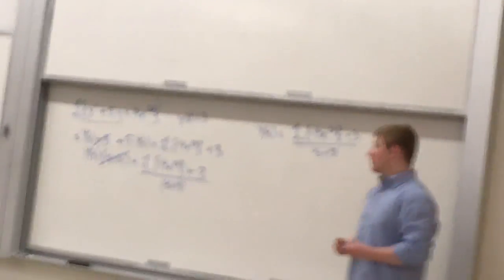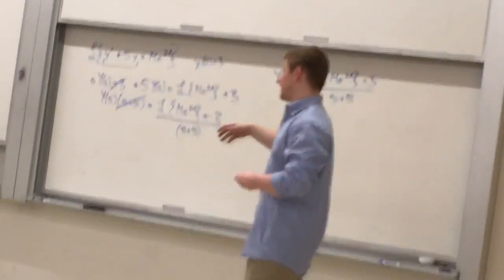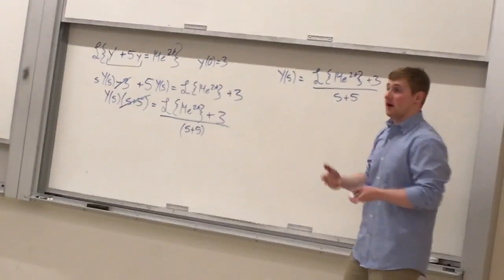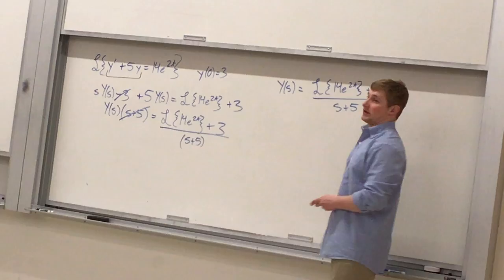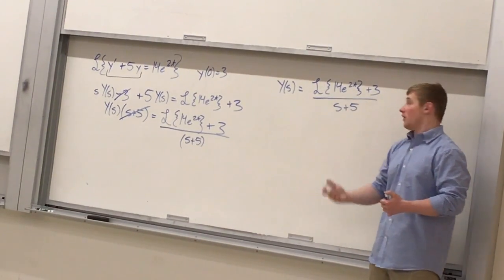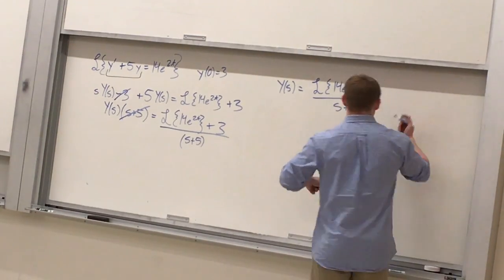And I really want to move on to that last step where it says use the transform table to change this so that all of my s's go to t's. The only problem is I haven't done that step yet. I haven't actually taken the Laplace of 14e to the 2t. So we can do that right now.